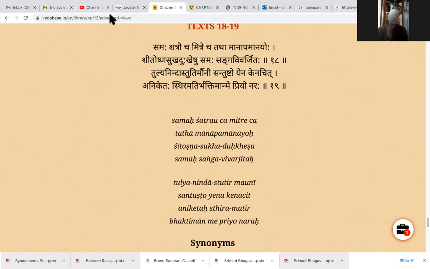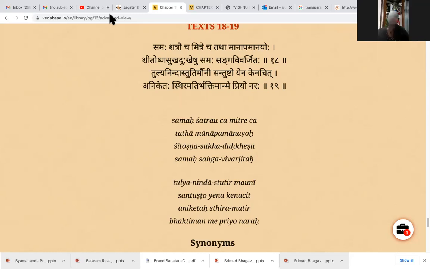Santushto yena kenachit. Aniketa sthiramatir. Bhaktiman me priyo narah.